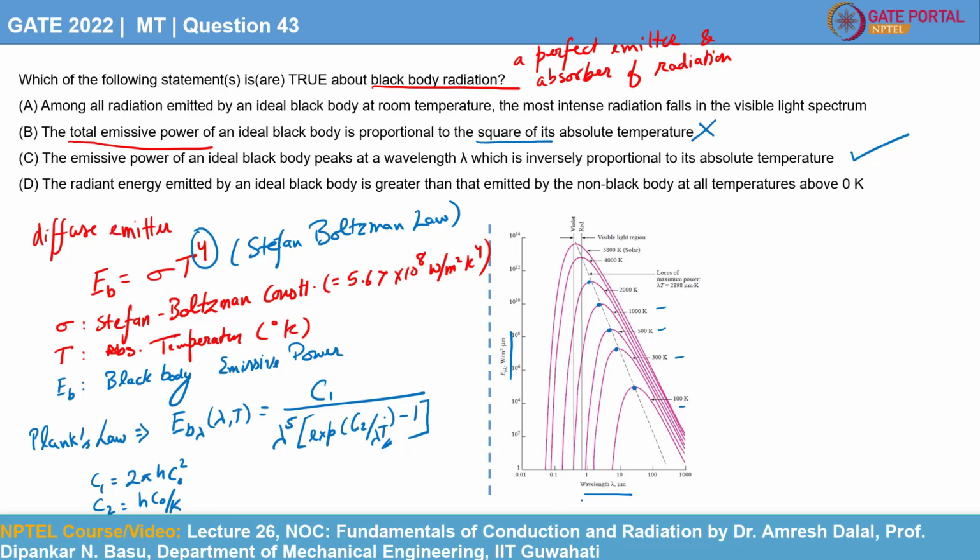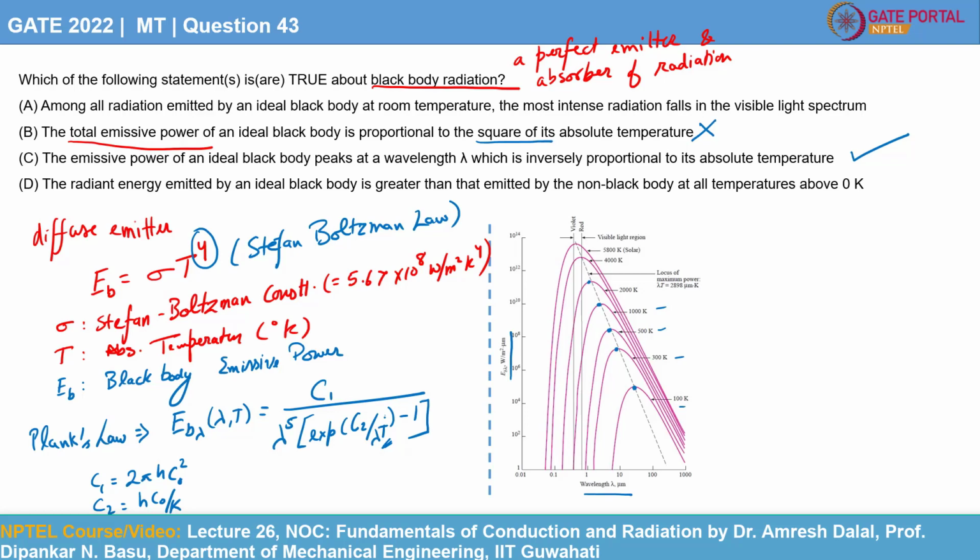So that's why the emissive power of an ideal black body peaks at a wavelength lambda that is inversely proportional to its absolute temperature. Higher the temperature, smaller will be the wavelength. As the temperature increases, the curve shifts to the left, to the shorter wavelength region. Consequently, a large fraction of radiation is emitted at shorter wavelengths at higher temperatures. So option C is correct.